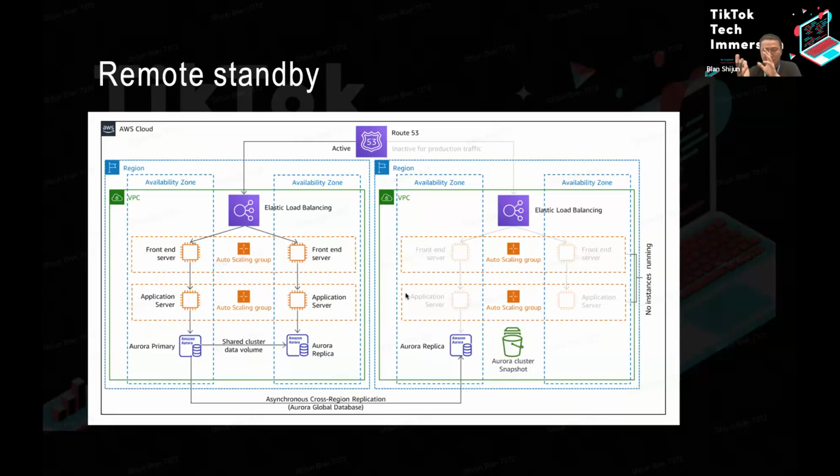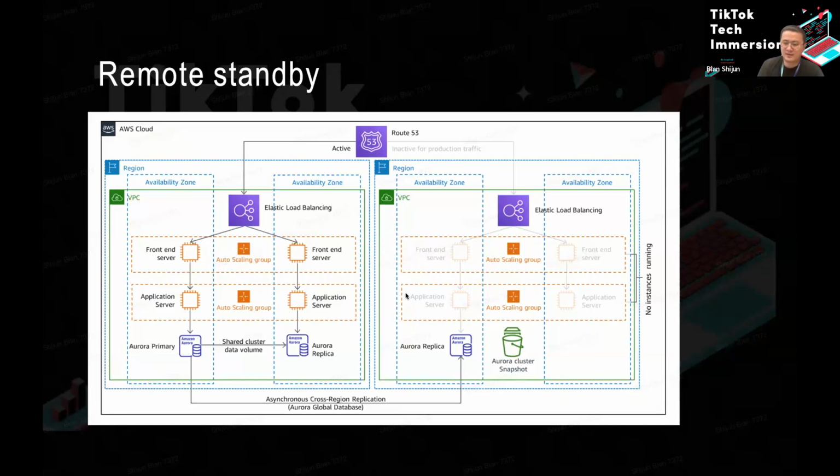Only the DB is actually running and keeps getting the data from the master DC. But once the master is not functioning, then we scale out the standby DC and make it the master. Because the data is already replicated from the primary DB, we are still able to keep running if the primary is down.